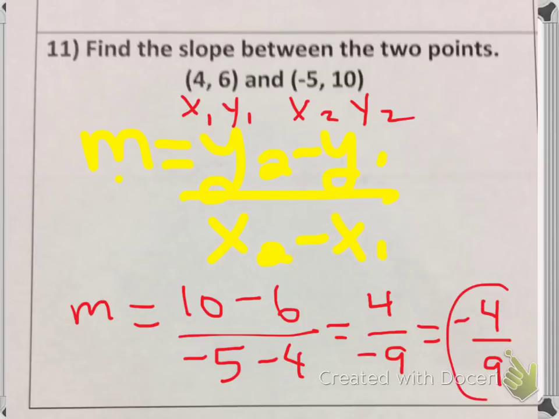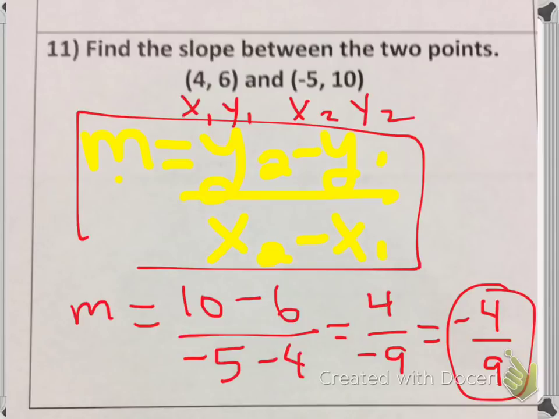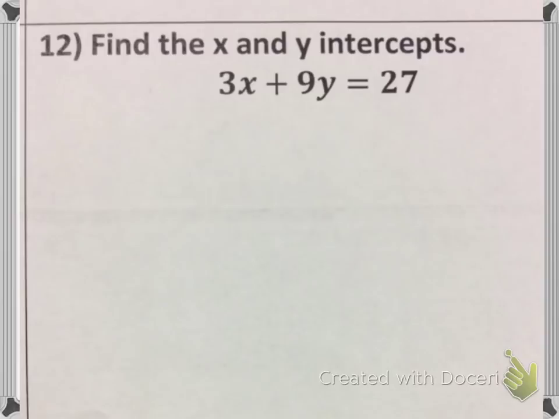My slope is a -4 over 9. So this formula right here is really easy to use if I want to find the slope. I also could have just graphed those ordered pairs and found the rise over the run in between the 2 points. That could have also worked depending on where those ordered pairs were at.